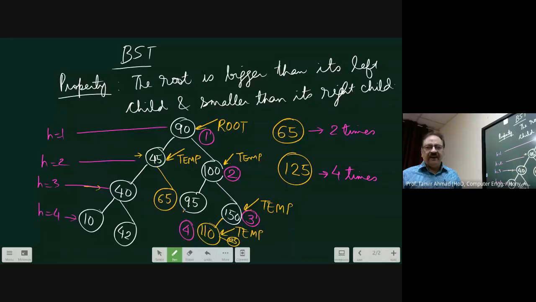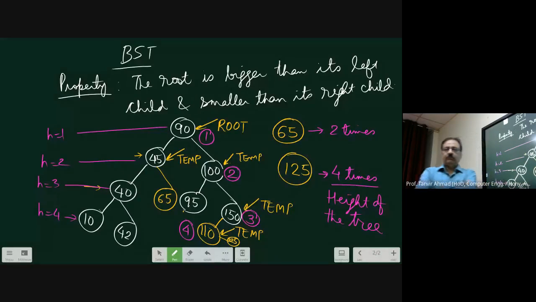Till 125 was not entered, it is 4. That means this value 4 is nothing but the height. And the maximum number of times you require to search is equal to the height of the tree.